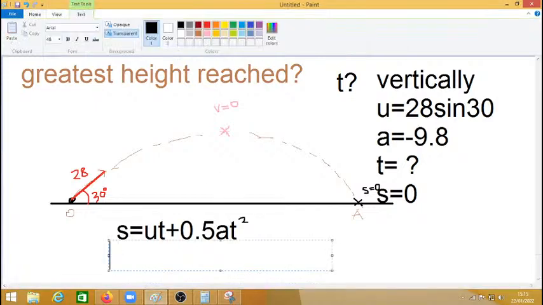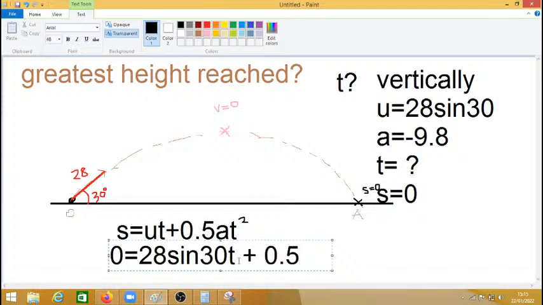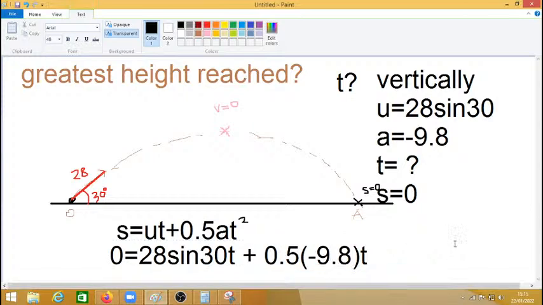So 0 is equal to 28 sine 30 times time plus 0.5 times minus 9.8 t squared.